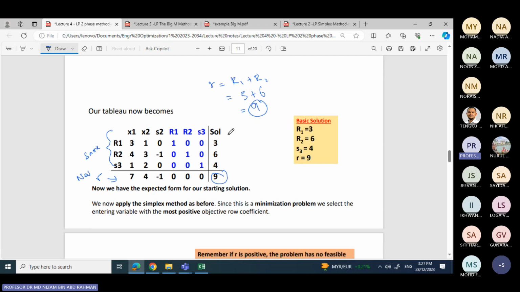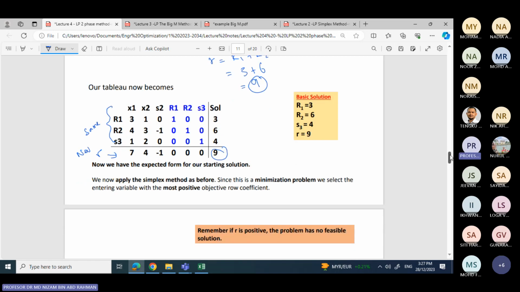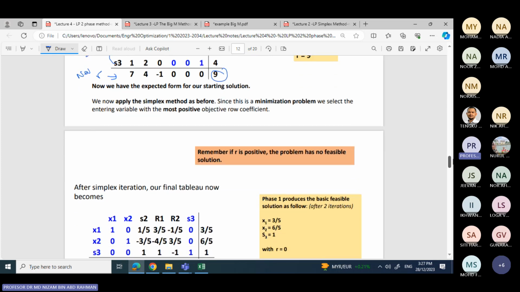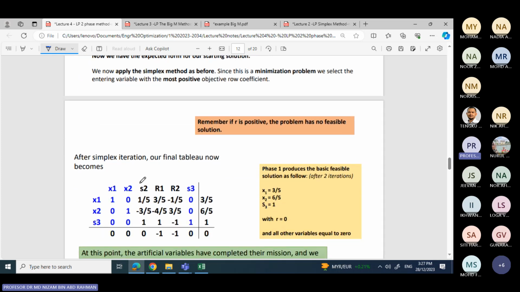What you want to do, at the end of the class, is actually to work it out. So from here, use the simplex method and work it out such that you get the optimum conditions as shown in here. This is the final iteration, right?